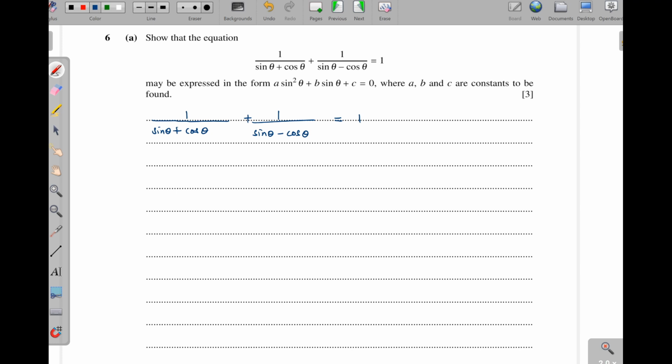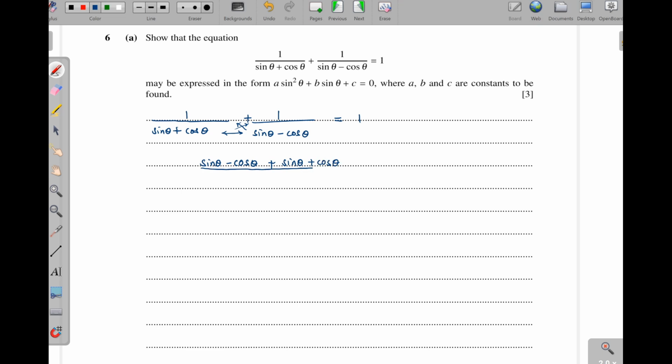So we shall get the common denominator here. It is the product of those two. Then after multiplying these two, I'll multiply this with that, and then this one with that. So we shall have sine theta here, then minus cosine of theta. That is when I multiply this with this. Then this one here times the one here, you will have plus sine of theta plus cosine of theta.